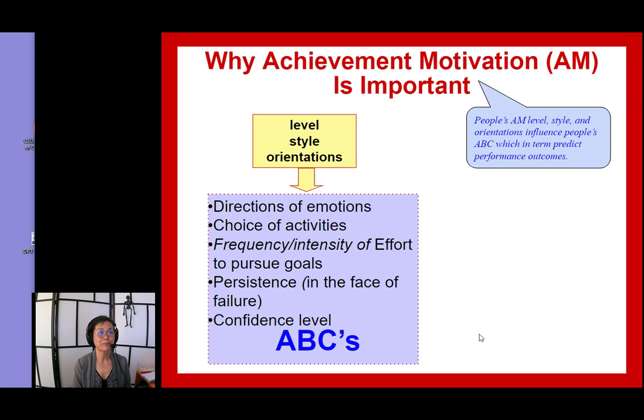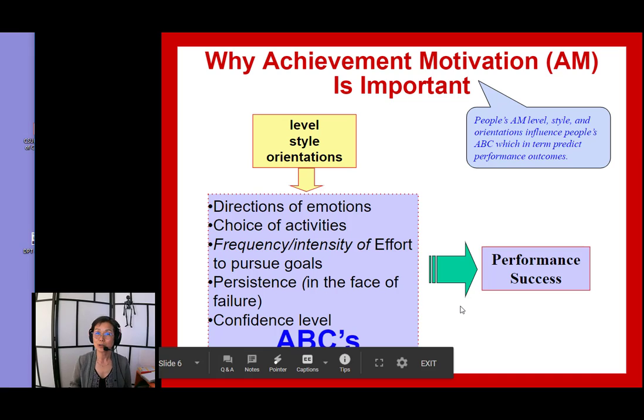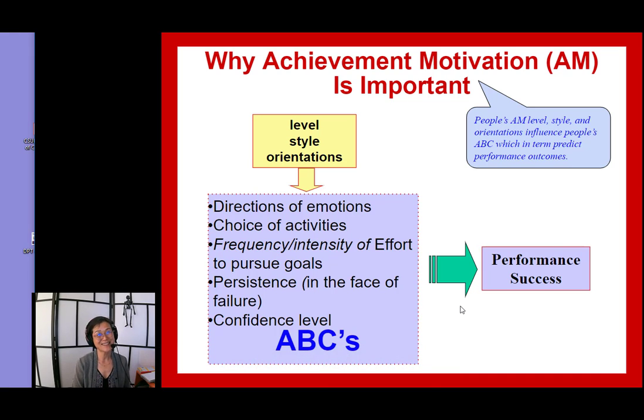Also choice of activities, frequency, intensity of effort, how much effort you put in to pursue your goals, and then persistency, how persistently you adhere to your activity, particularly in the face of failure, and your confidence level, on and on. All those ABCs eventually lead to performance outcome, which can be successful or unsuccessful.